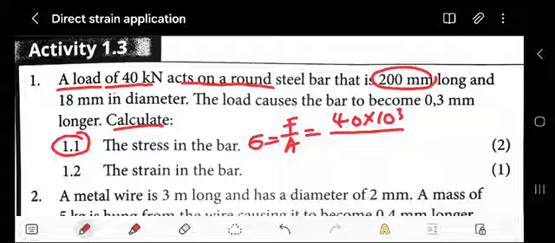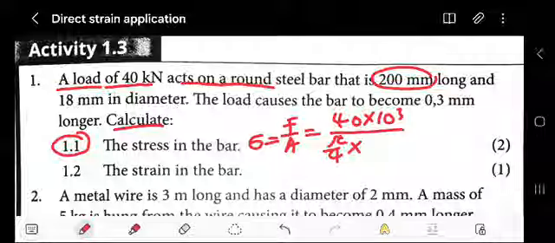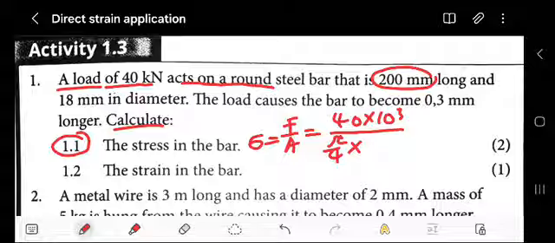That means the cross-sectional area will be pi over 4 times the diameter squared. Divide 18 by 1000 and that will be 0.018. Then you square this. Let's check there.